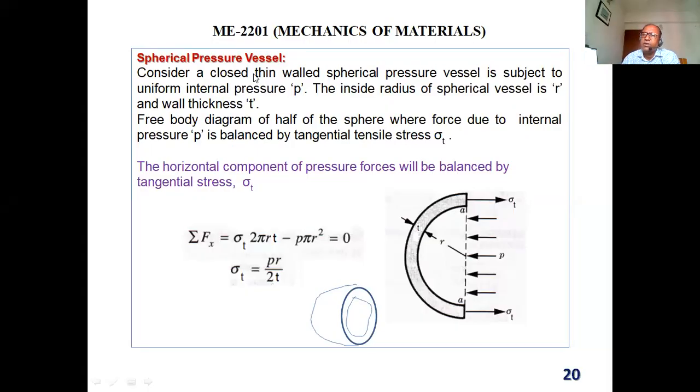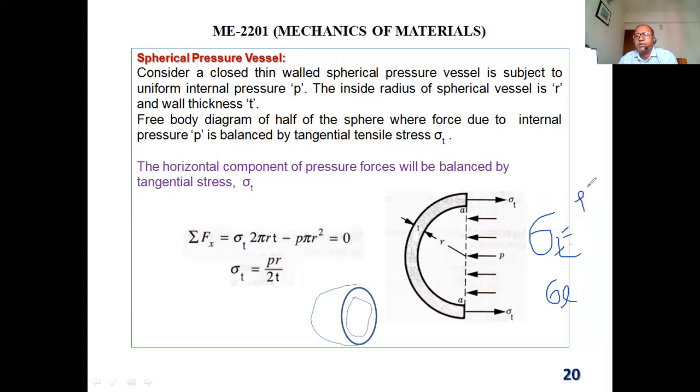So far, what did we learn? We figured out the formulas sigma T and sigma L for a cylindrical pressure vessel. Sigma T and sigma L we just figured out before.